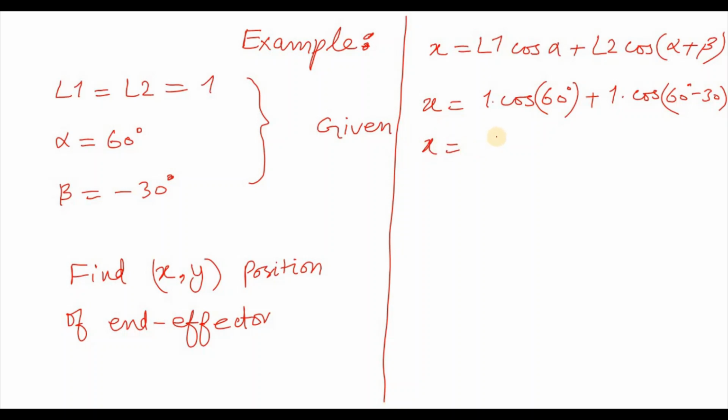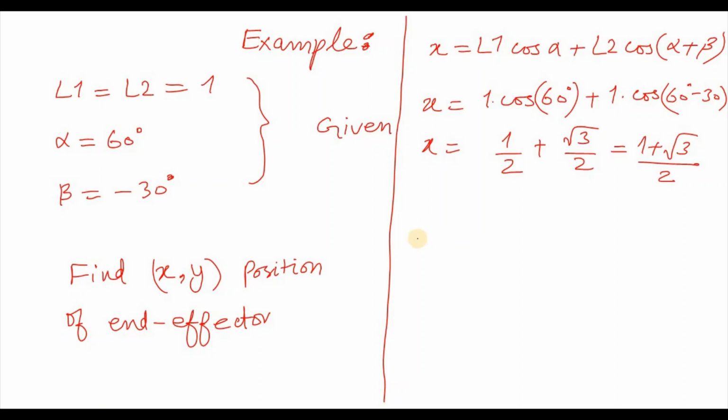What's the value of cosine of 60 degrees? It is 1 by 2, plus cosine of 30, which is under root 3 by 2. So we can calculate the value of x, which is equal to 1 plus under root 3 by 2.